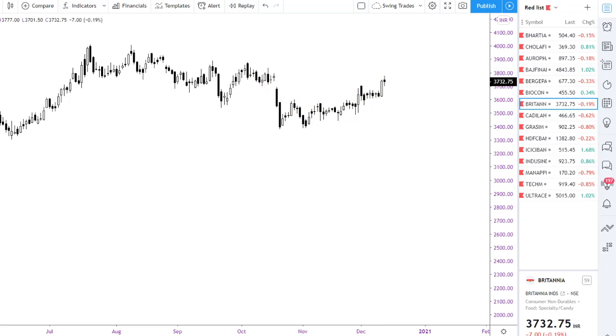So considering that, we have to get a very nice entry reason to buy this stock. This is a zone of interest, and I'm expecting the price might do something like this, then test these levels and give us a buying opportunity and take the price higher.